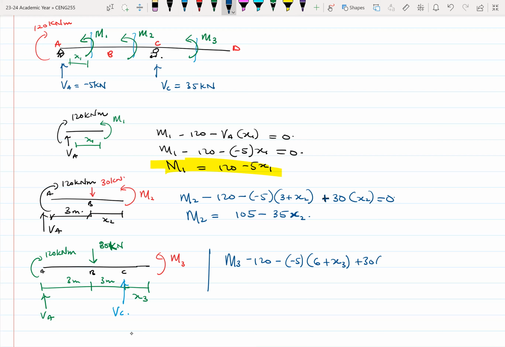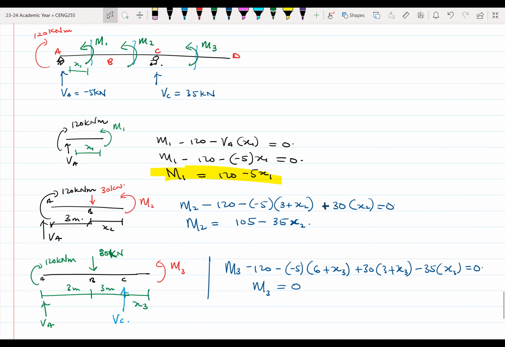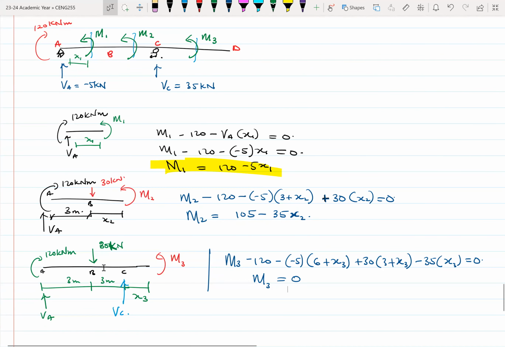Plus 30 times 3 plus X3, then minus 35 times X3 equals 0. And if you sum everything up, your M3 here will be 0. So now we have the three moments from the real loads. We apply the same approach.